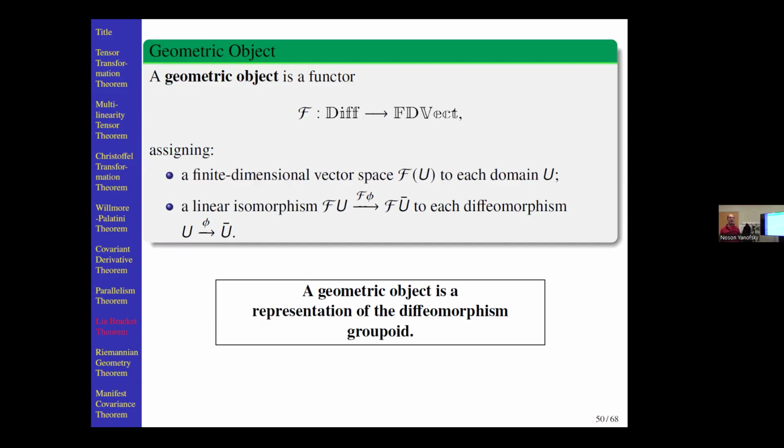One question: you could assign the vector space to the whole domain, but wouldn't you say usually the fibers, so you have a vector space for each point in the domain, not just one vector space for the whole domain? We should write it as a bundle now. Yes, right, instead of a vector space to a domain, a vector space to each point in the domain. But the point is you're not assigning a finite dimensional vector space to the whole domain. Do you mean what you say or no?